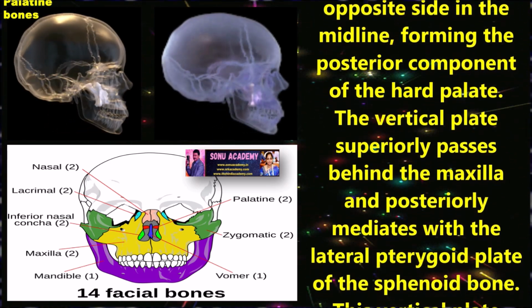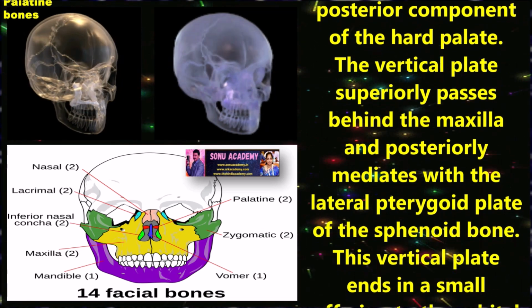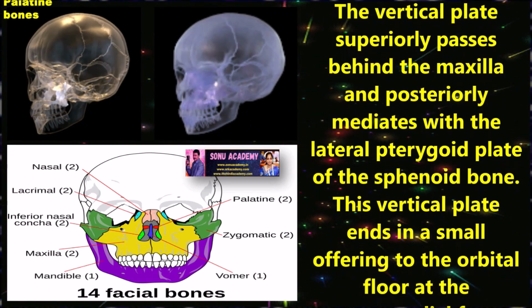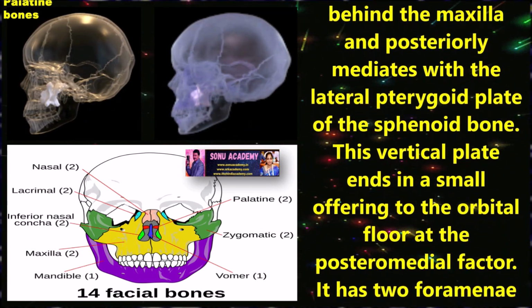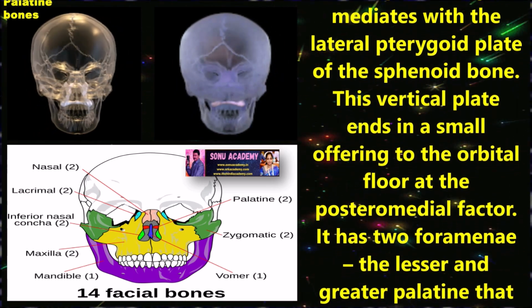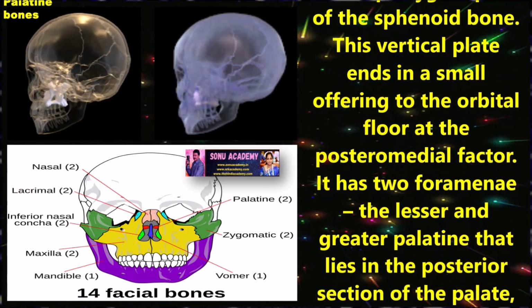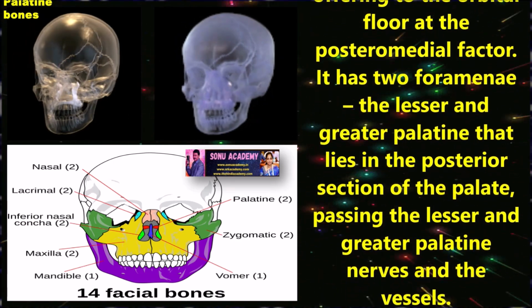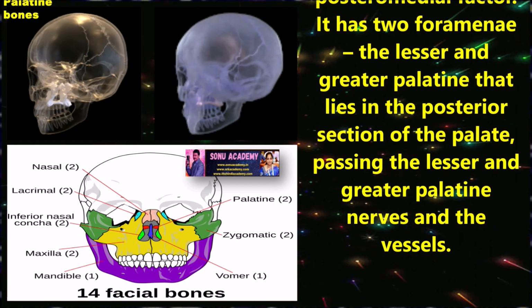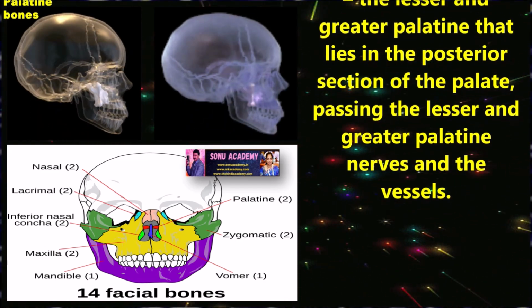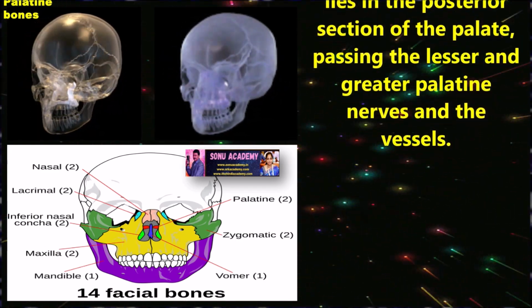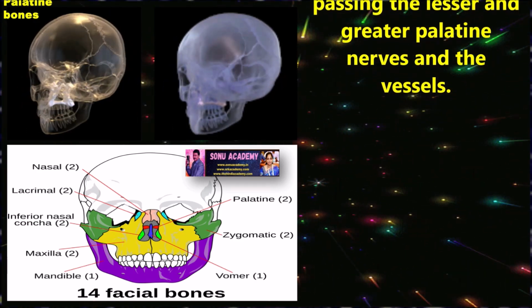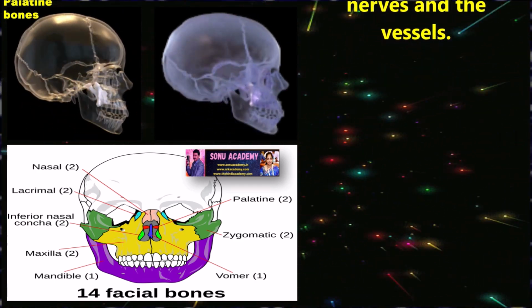The vertical plate superiorly passes behind the maxilla and posteriorly articulates with the lateral pterygoid plate of the sphenoid bone. This vertical plate ends in a small projection to the orbital floor at the posterior medial aspect. It has two foramina, the lesser and greater palatine, that lie in the posterior section of the plate, passing the lesser and greater palatine nerves and vessels.